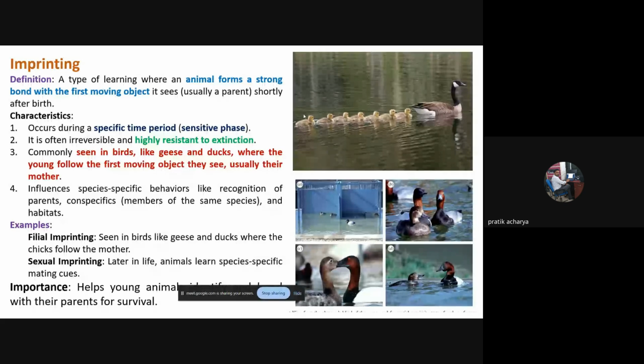The second characteristic is that it is highly resistant to extinction. What is the meaning of this? If newborns do not follow the mother's pattern, the first moving object's pattern, what will happen? They undergo extinction, because their mother knows how to grab food and how to protect them.